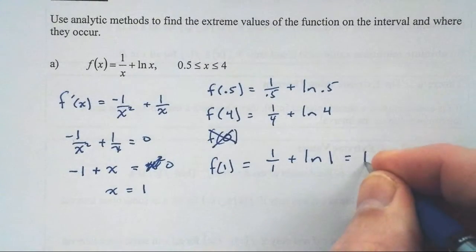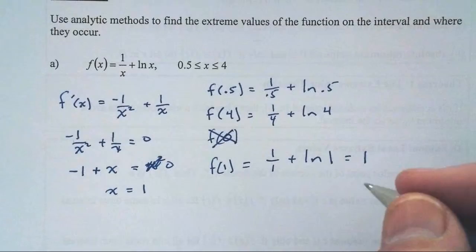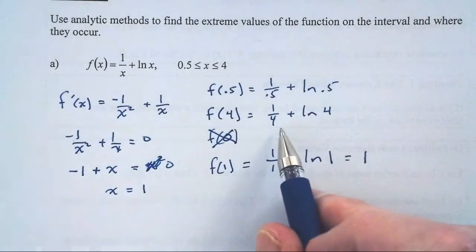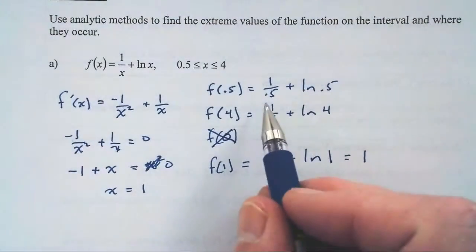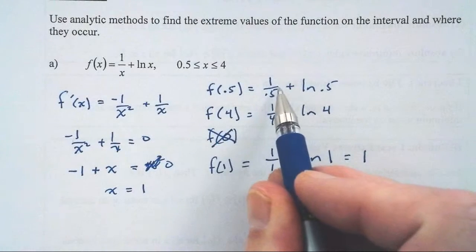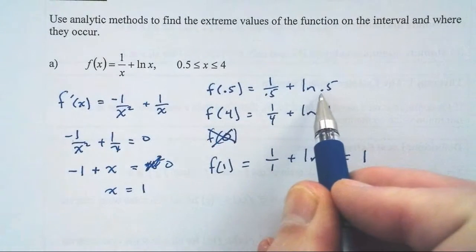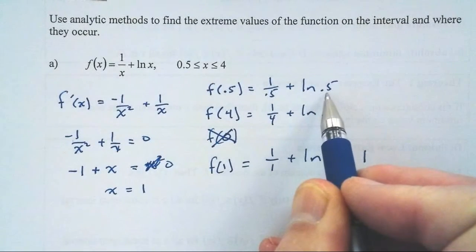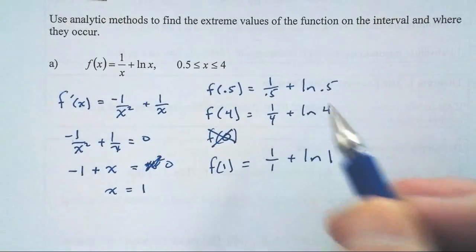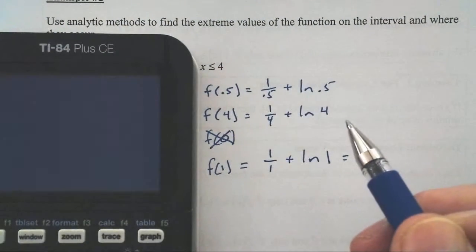So this is just 1. Now we could try to analyze f of 0.5: 1 on 0.5 is about 2, and e to what power is 0.5 is some negative number, but let's just go ahead and use the calculator.